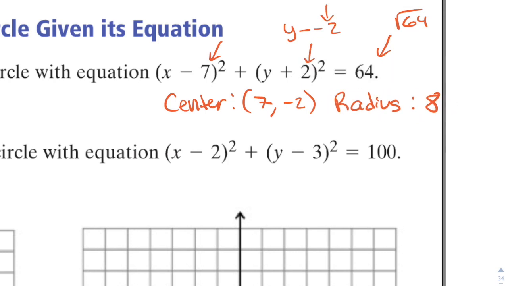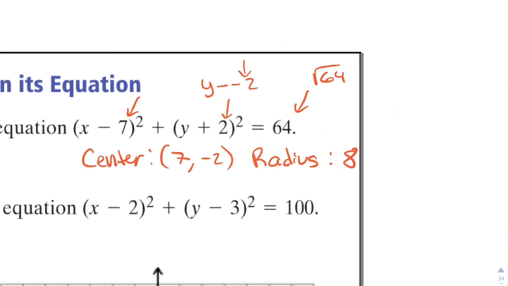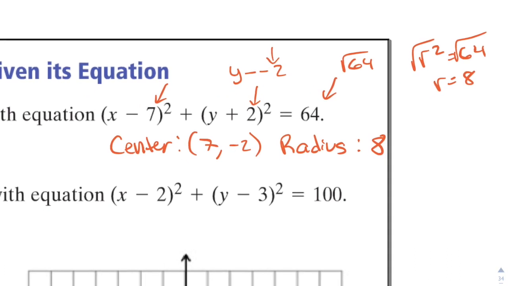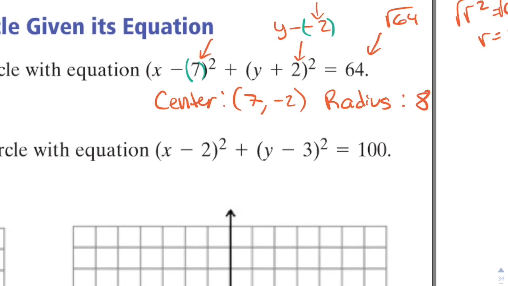So R squared is 64, so R has to be 8 because I'm finding the square root. Think about this as just a 7. Think about that as a negative 2. Boom, and then you have your center and radius.